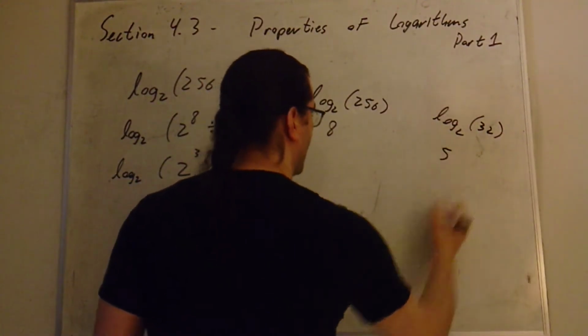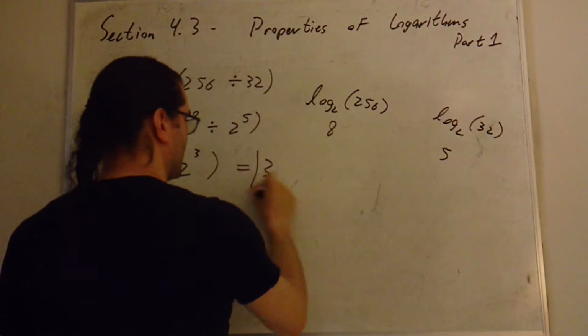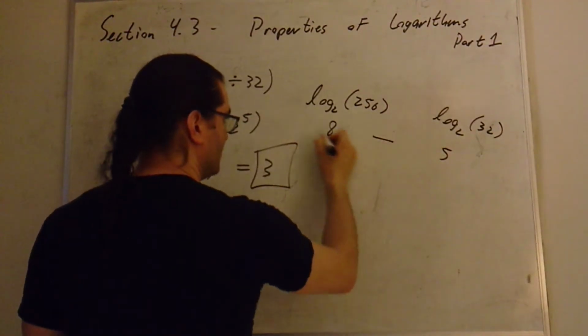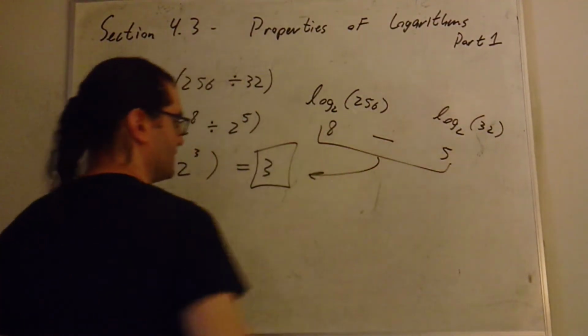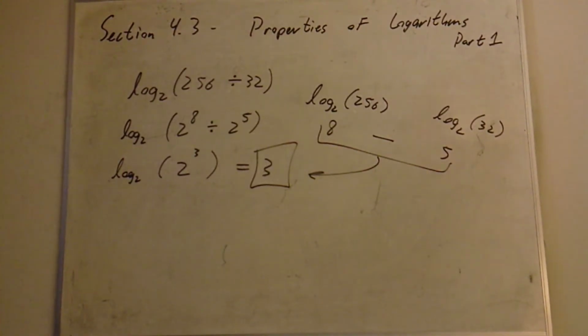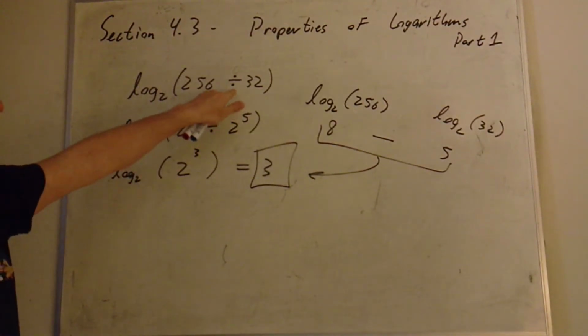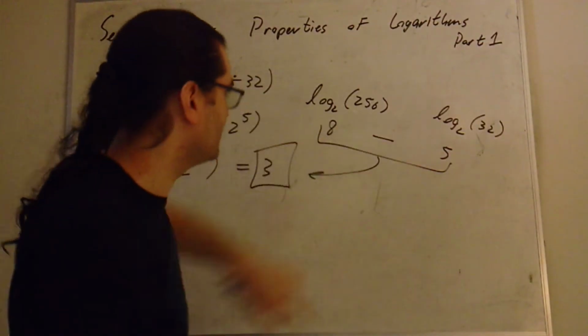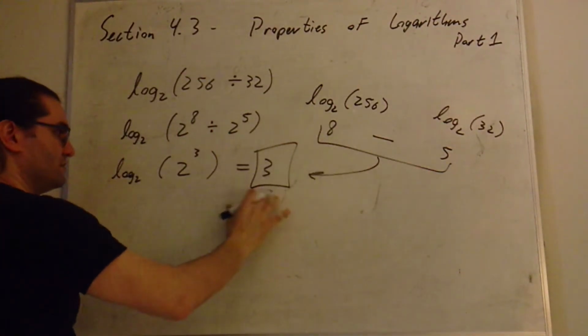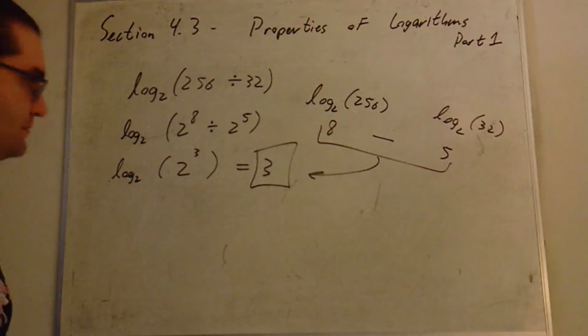This would give me 5. And I can arrive at this correct answer by subtracting those two numbers. So again, if I do these separately, I can subtract the outcomes to get the correct answer.